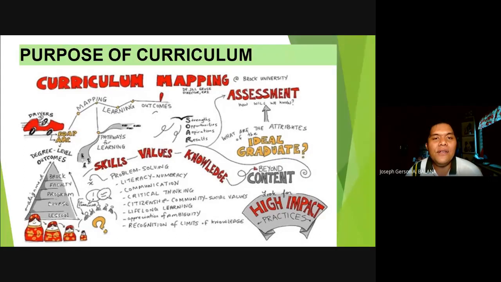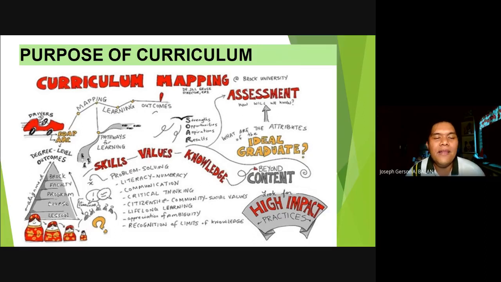Okay? If you look at this particular visual representation, this is a sort of concept map also. Okay? It will actually give you the idea that it becomes the roadmap for success, which means that the curriculum map is actually the attainment of the outcomes towards how students will attain those outcomes in different ways.